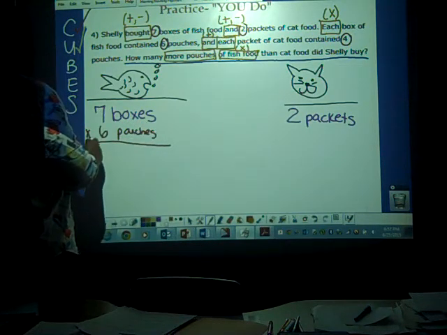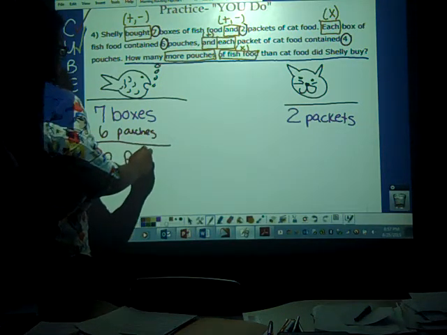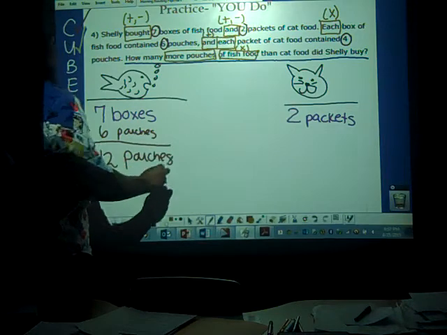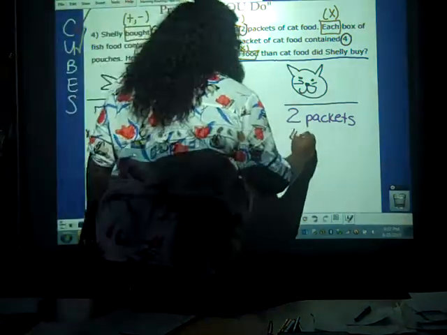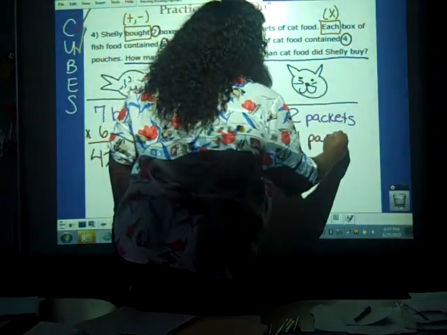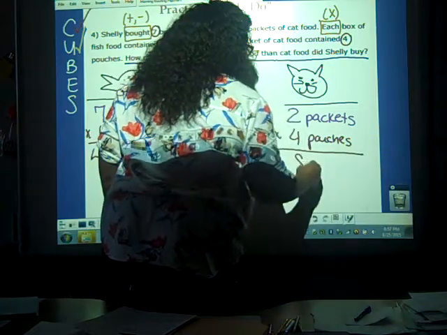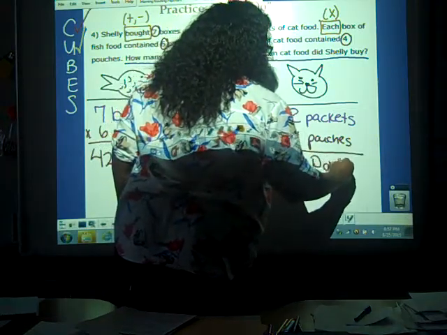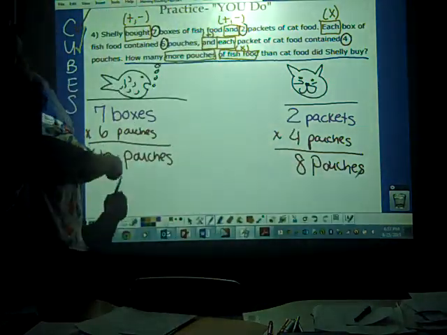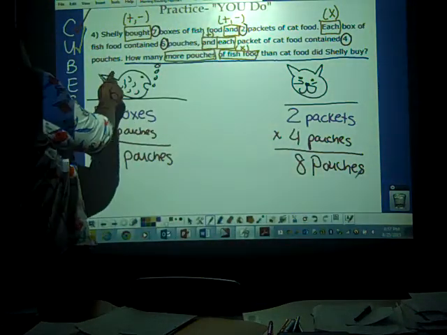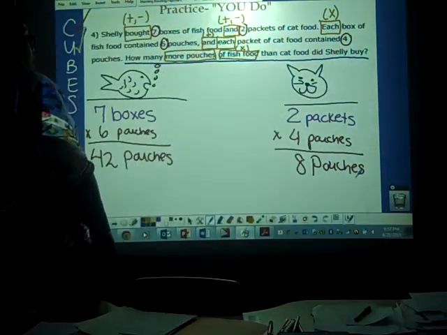So 7 times 6 is 42 pouches. And each packet of cat food contains 4 pouches. So 2 times 4 is 8. How many more pouches of fish food than cat food did Shelly buy?